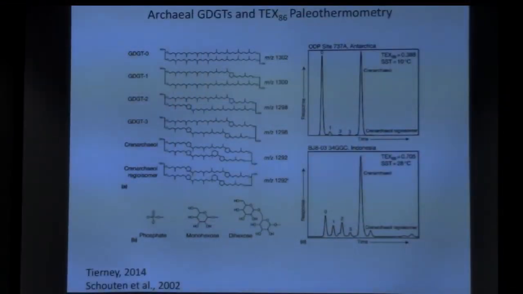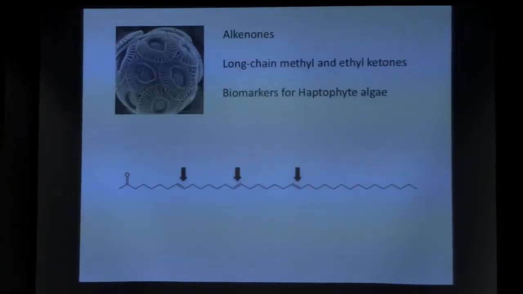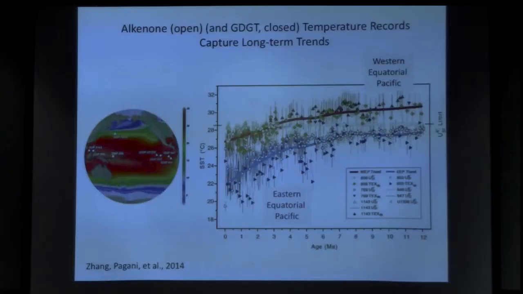And so TEX86 actually carries the name Tex from Texel in it. So it's a little bit of a ping pong match as to who can name their proxy in the cutest manner. Okay, so this has no isotopes in it, but they're very, very important and very widely used.